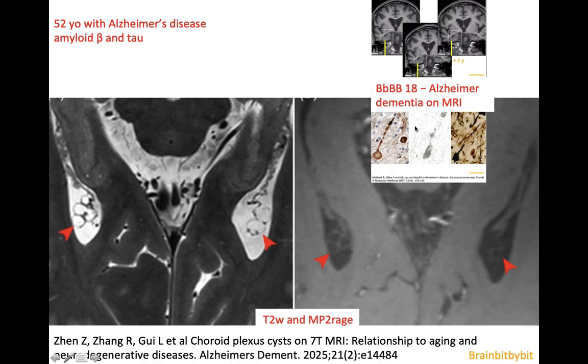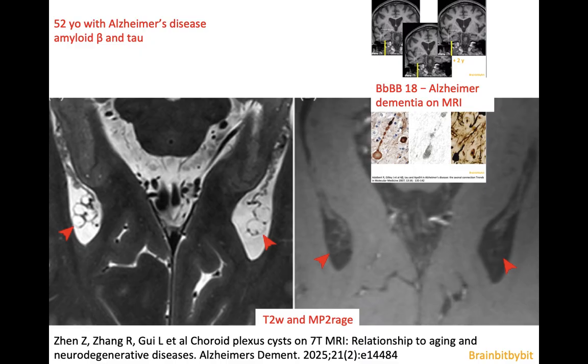And one of the first videos was on Alzheimer's dementia on MRI, and I talked about amyloid beta and tau. And these two proteins are key proteins in the pathogenesis of Alzheimer. And the brain can get rid of tau and amyloid by transporting it through the choroid plexus in the CSF.